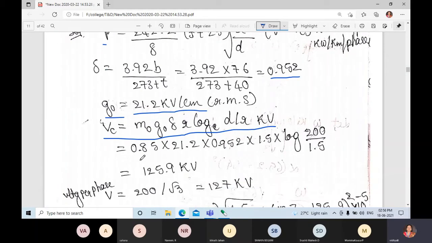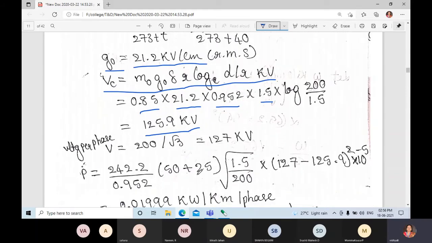That is, 0.85 the m naught value, 21.2 the G naught value, delta value 0.952, and R value is 1.5, log D by R. So you'll get 125.9 kilovolt. Voltage per phase means V is equal to 200 divided by square root of 3, you'll get 127 kilovolt.